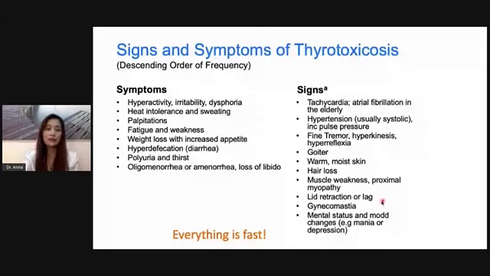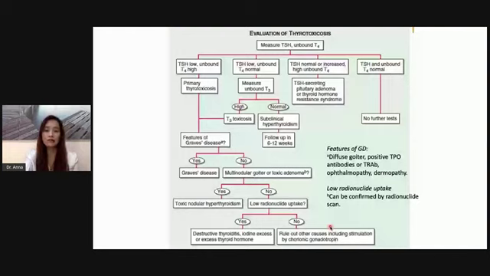So how do we evaluate patients presenting to us with symptoms of thyrotoxicosis? Again, if it's very profound, very overt, we can measure both TSH and T4 at the same time. Unbound T4 or free T4. If the TSH is low and the free T4 is high, then you can say this is primary thyrotoxicosis or primary hyperthyroidism.